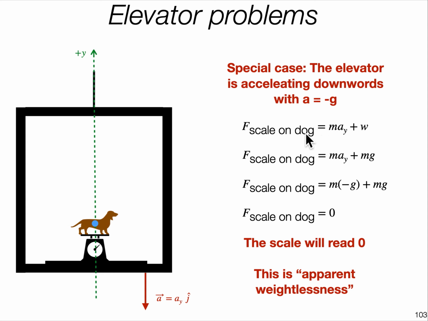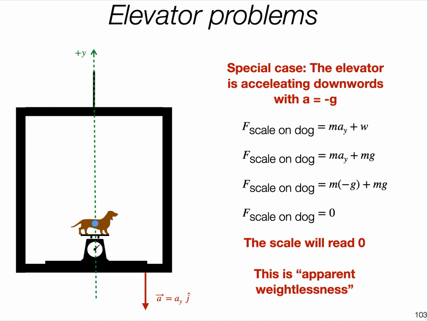The force of the scale on the dog is equal to the mass times acceleration of the dog plus the weight. I can replace weight with mg. That's always going to be the case near the surface of the Earth. And I can replace my acceleration with negative g, because that is the acceleration of this elevator and therefore this dog. And so I have minus mg plus mg, and these cancel. So I have 0. So in this case, the force of the scale on the dog is equal to 0.